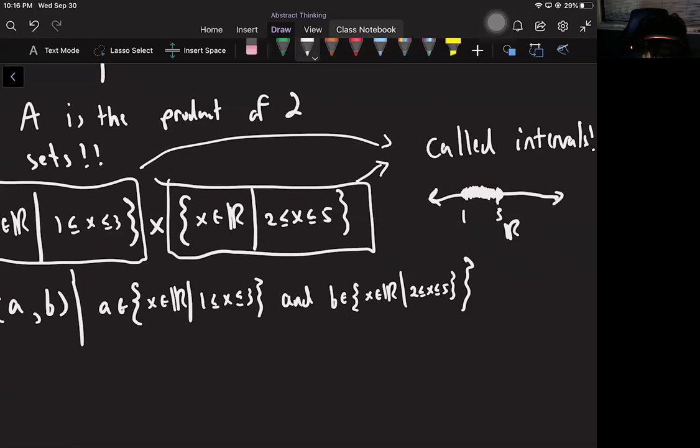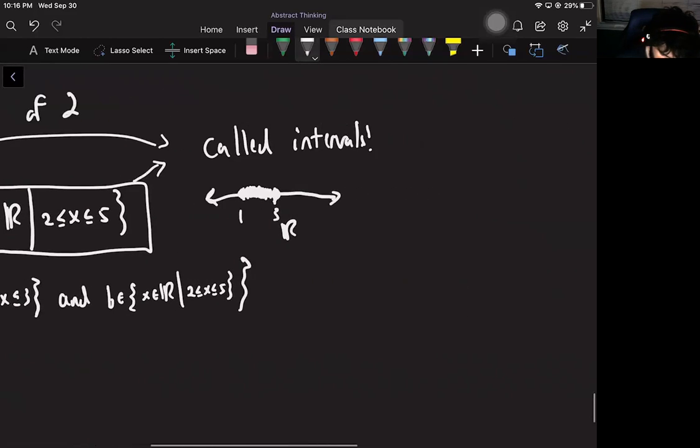So what we're saying is that if I take that interval and I product it with this other interval, maybe I'll use colors here. So this other interval will go from 2 to 5.